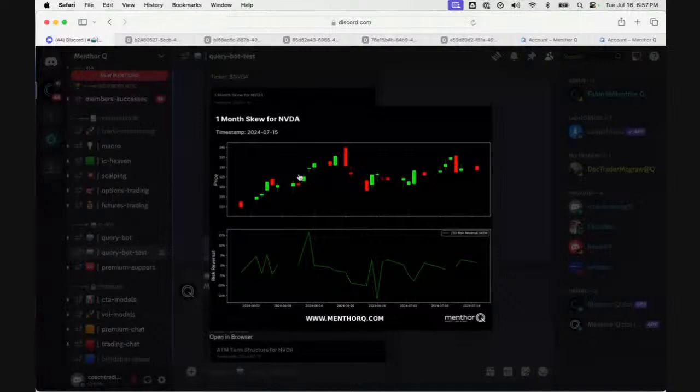Okay, so what the risk reversal model is showing us there, once again, you see where those green peaks are, that's where there was kind of, let's call it crazy call demand, where calls are overpriced. So while the stock is going up, we would expect a reversal there.